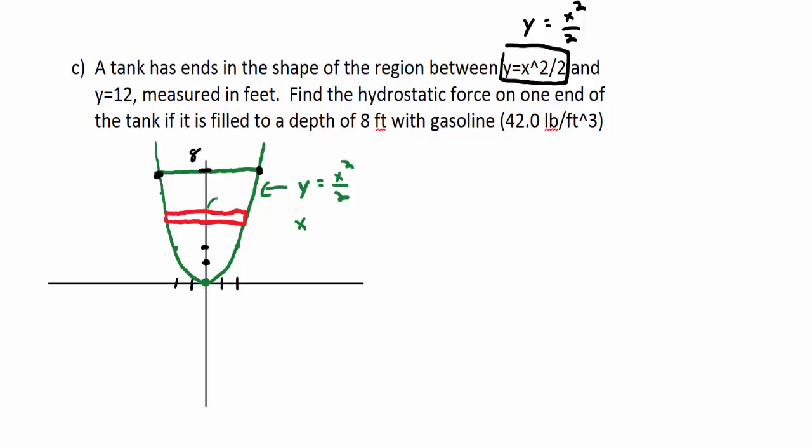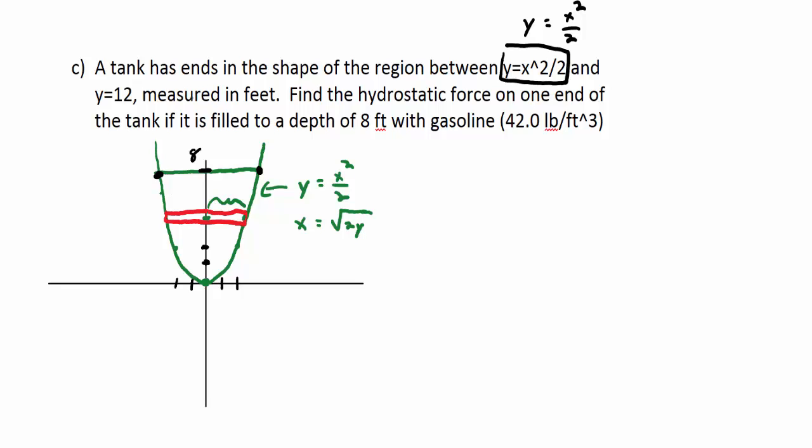In other words, this value would be an x value from the y-axis on out to the edge of the representative rectangle. Can you tell me what formula would give me that? So I'd multiply both sides by 2, take the positive square root, what would I get? x equals the square root of 2y. Does everybody see that?